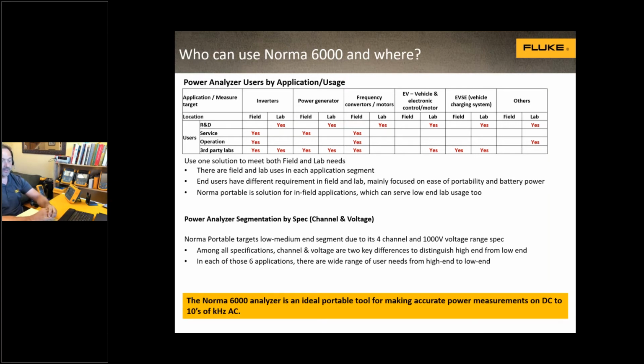So it can measure much higher harmonics and characterize those, which can cause ground fault trips and other nuisance tripping scenarios. You have the ability to measure those higher frequency components, from DC to tens of kilohertz, up to 500 kilohertz AC. It's something we haven't really had as a portable option, and that's where the Norma 6000 comes in.